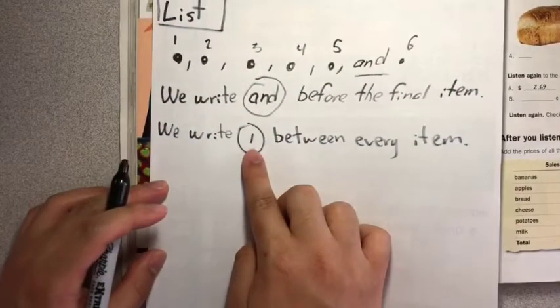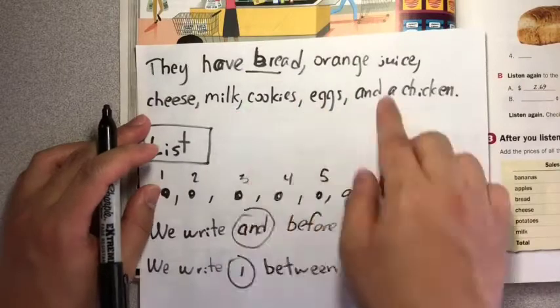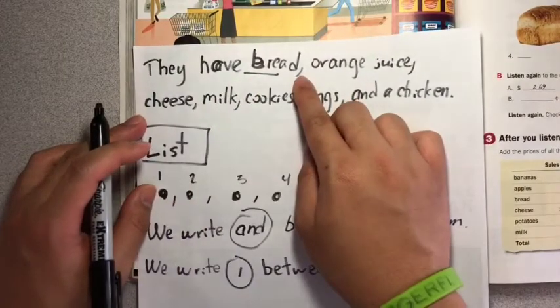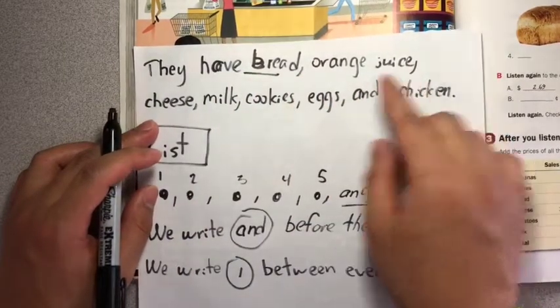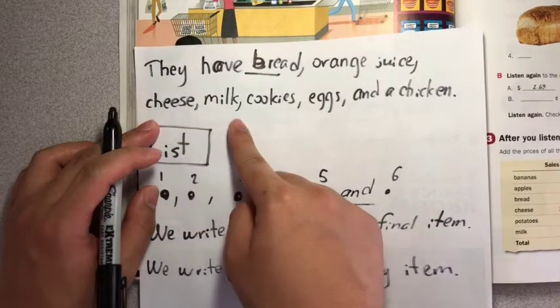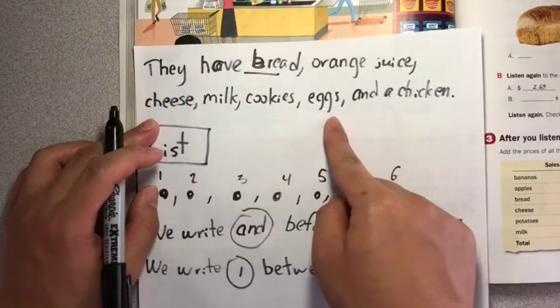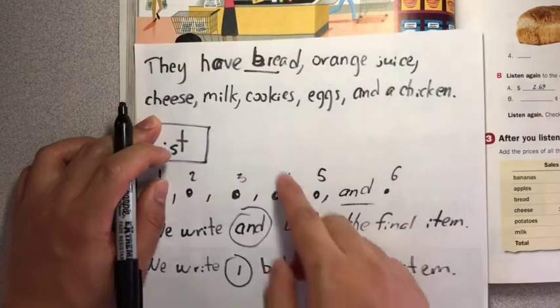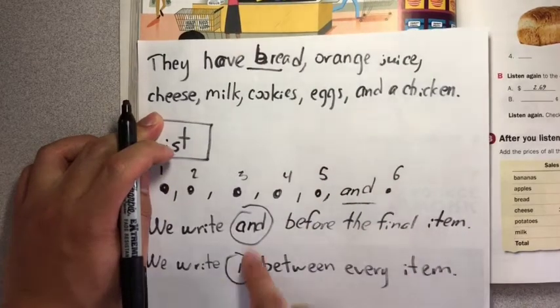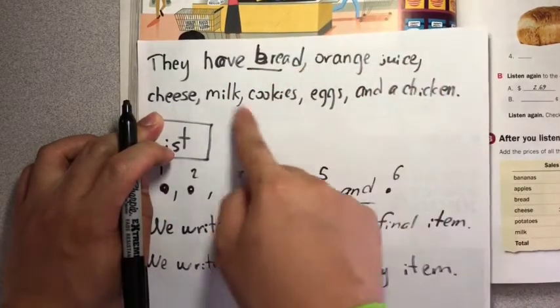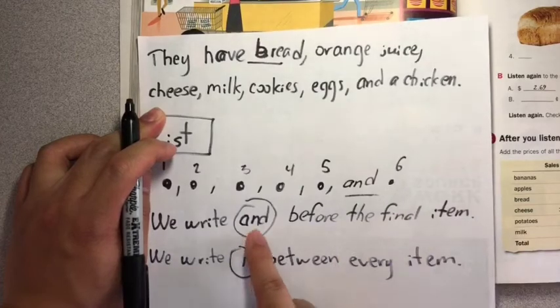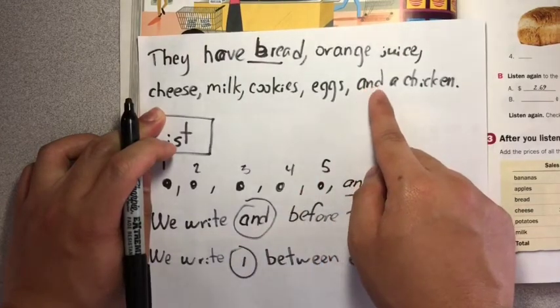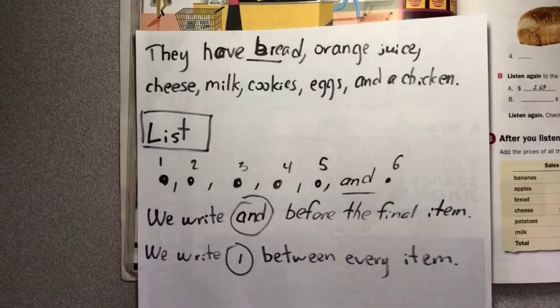This is a comma. Look at the comma in this sentence. We have bread, comma, orange juice, comma, cheese, milk, cookies, eggs, and the chicken. We write the comma between every item, and we write the word and before the last word, before the last item.